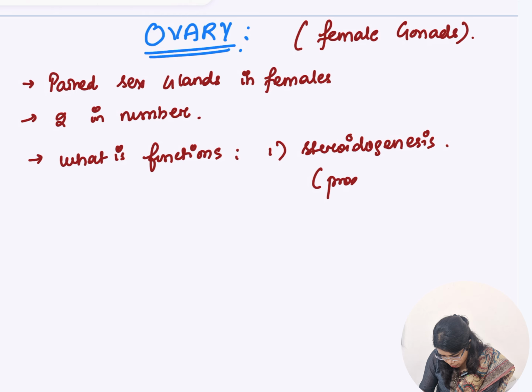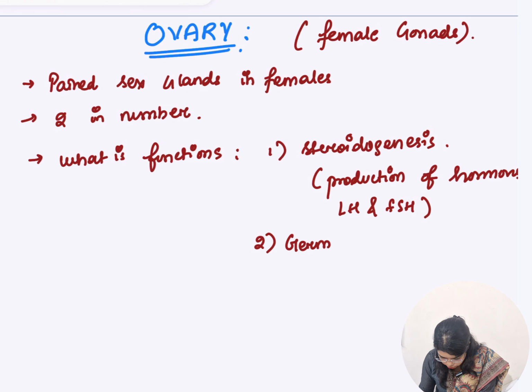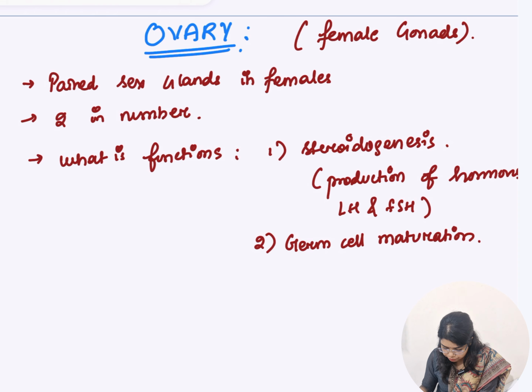It means production of hormones that help in maturation of the follicles as well as ovulation. And what is the second function? Steroidogenesis and germ cell maturation, that is formation of the secondary oocyte. Fine. Then this is the ovary.